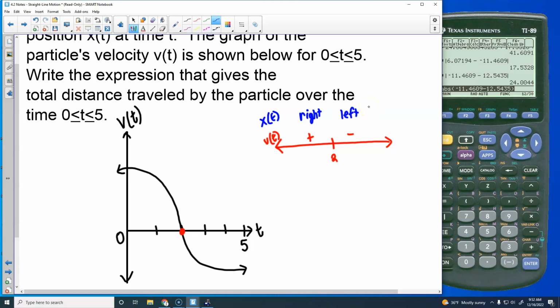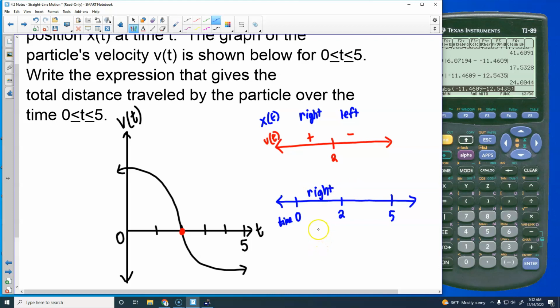We're switching from right to left. Okay, so let's think about what's occurring here. If we make ourselves a sort of timeline, we've got 0, 2, and we're going to 5. So this is our time right here. From 0 to 2, which direction are we going? We're going right.